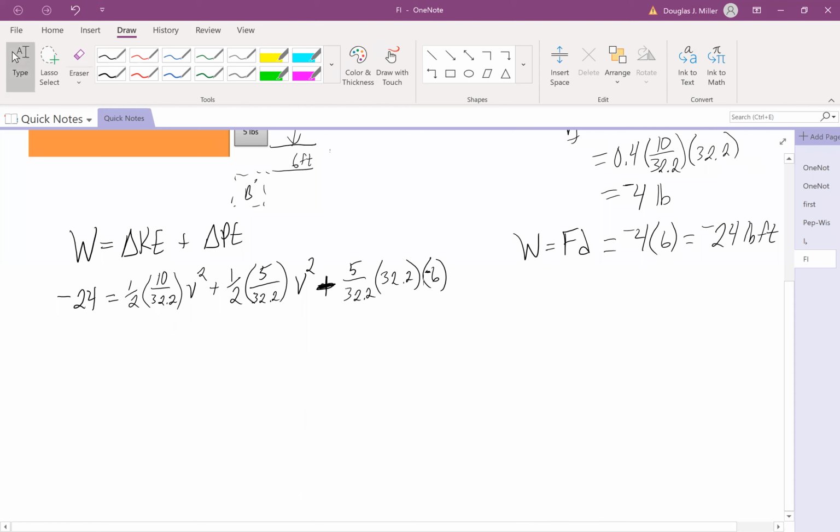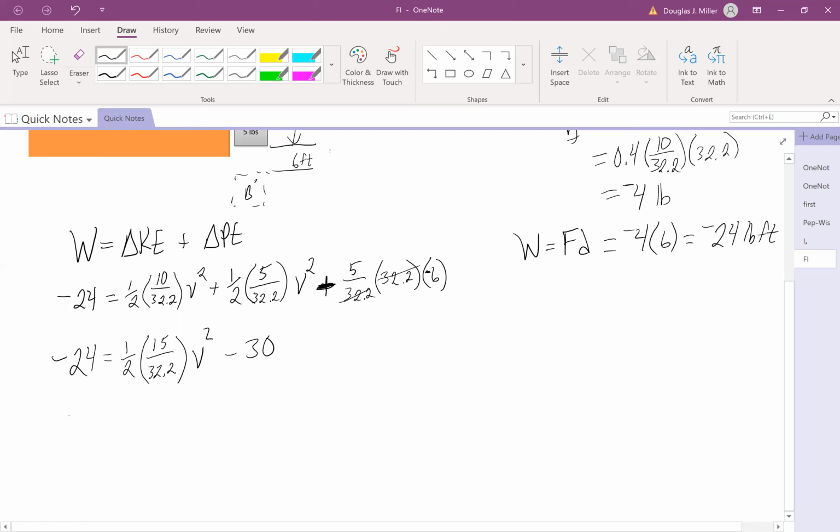So what we now have is a -24. We have 1/2 times 10 over 32.2 times v squared plus 1/2 times 5 over 32.2 times v squared plus, the 32.2's cancel out, a -30. So we have -24 is equal to 1/2 multiplied by, I'm going to add the 5 and the 10 together, so I get 15 over 32.2 times v squared, combining the terms, minus 30.